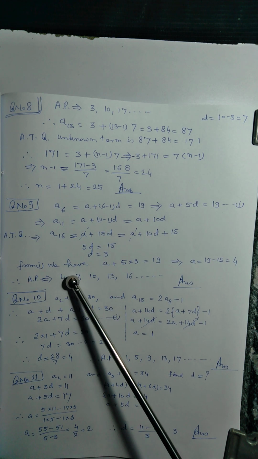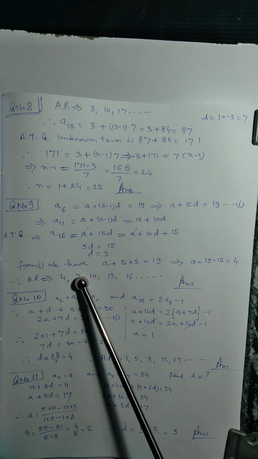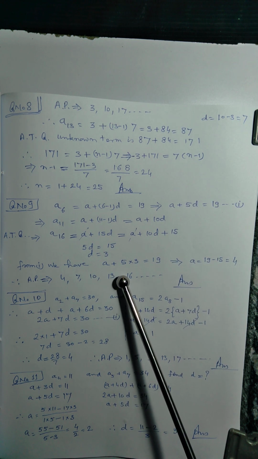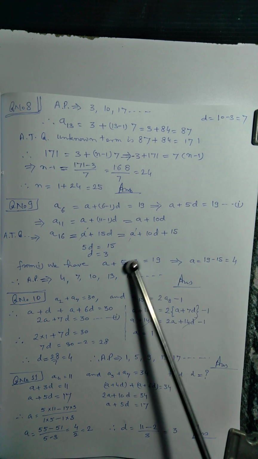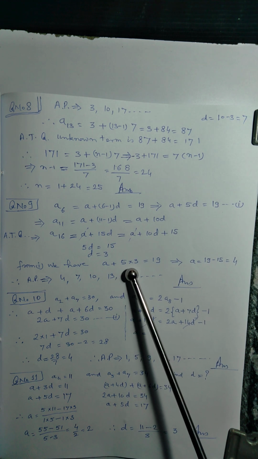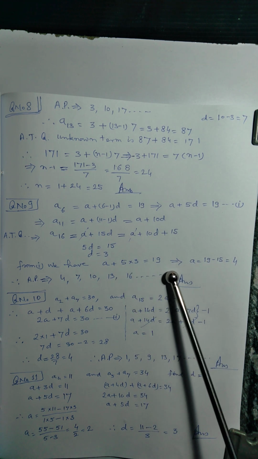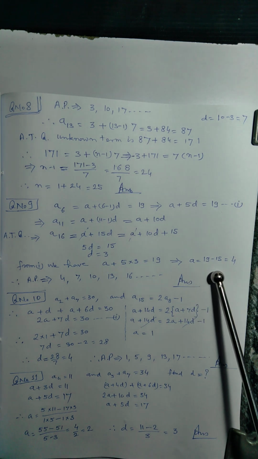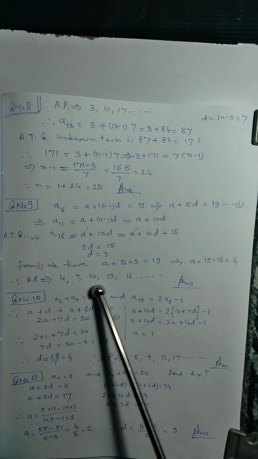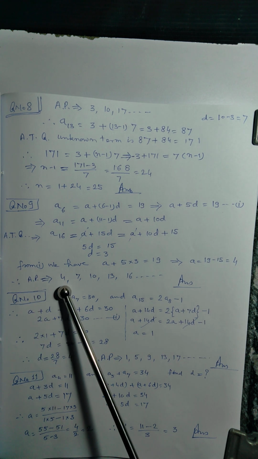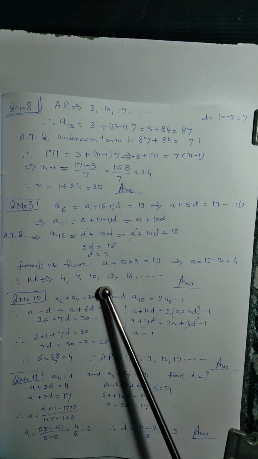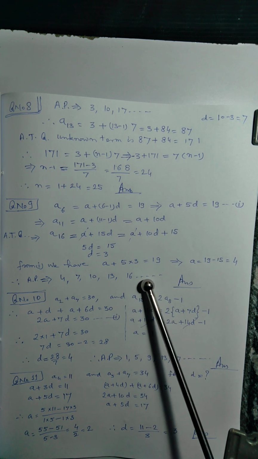From 1 we have A plus 5 into D, that is 5 into 3, that is equal to 19. So A will be equal to 19 minus 15, that is equal to 4. So our AP will be 4, 7, 10, 13, 16 and so on.